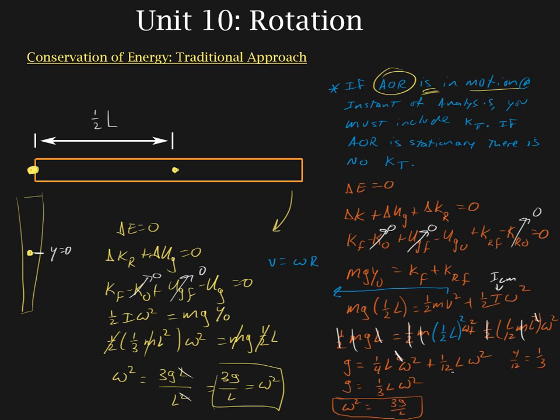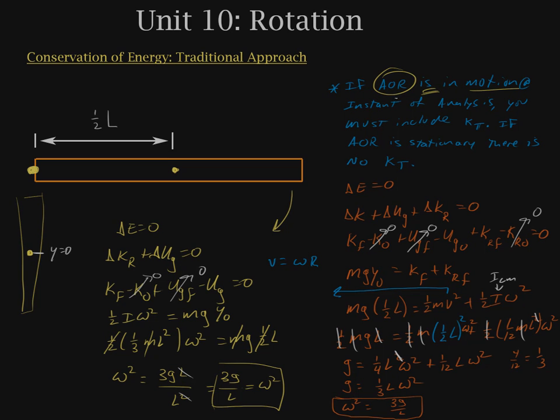So this was very unconventional, and I would not expect you to do that, but I wanted to make sure it was clear that you can do it either way, and that you just have to pay attention to what's happening to the axis of rotation.